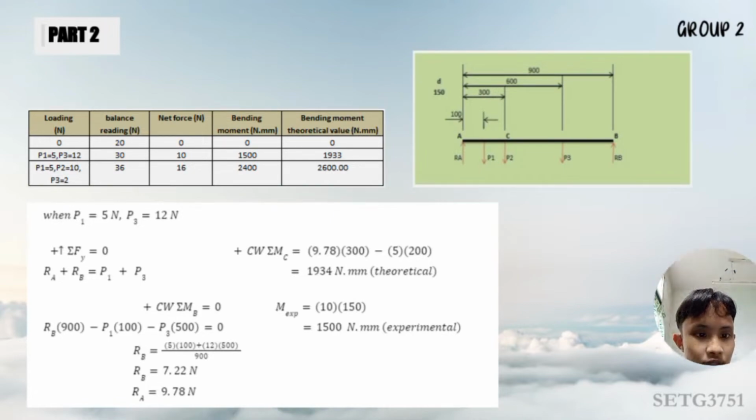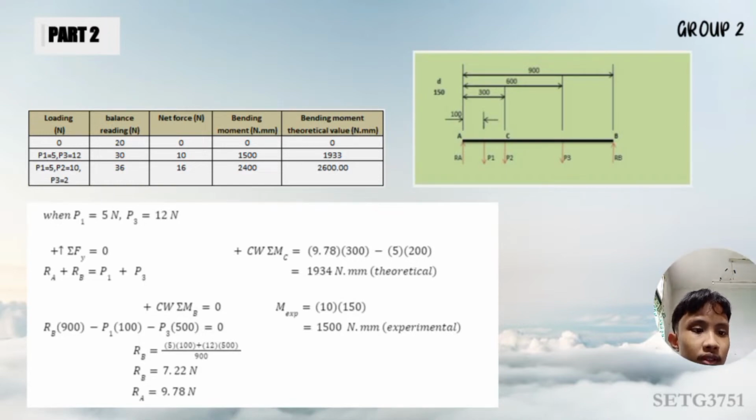7.22 Newton. To calculate the value of Ra, we just subtract the value of Rb from the total of P1 plus P3, and we obtain 9.78 Newton for Ra.